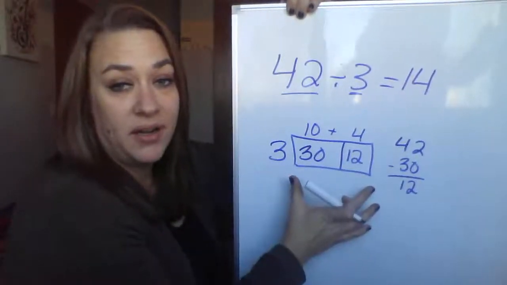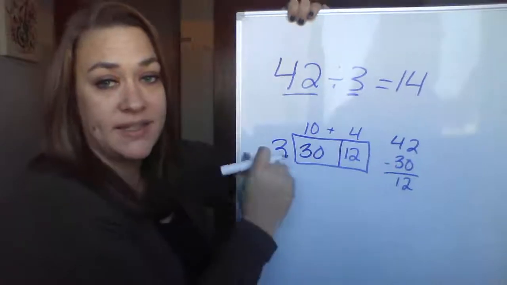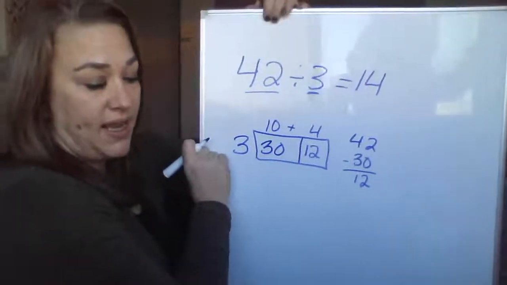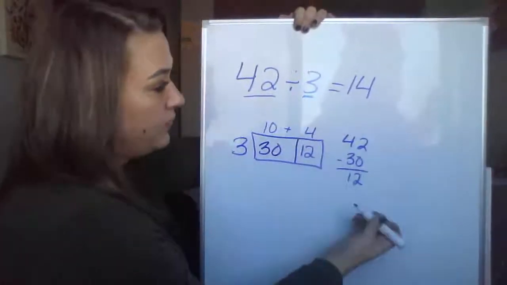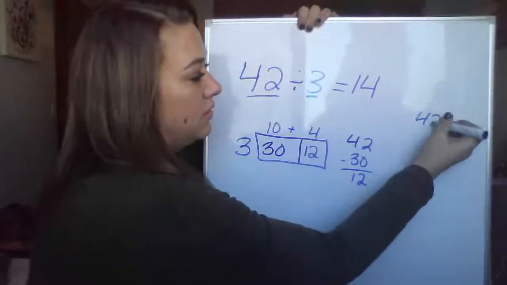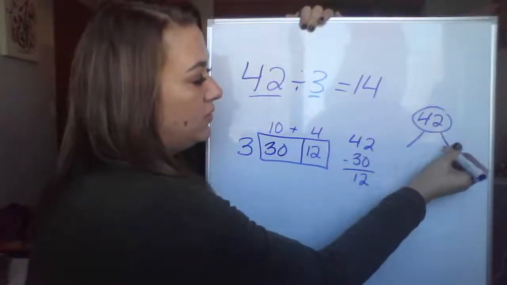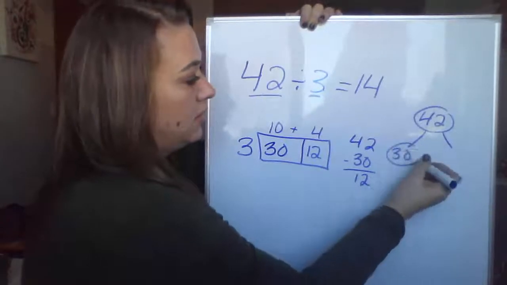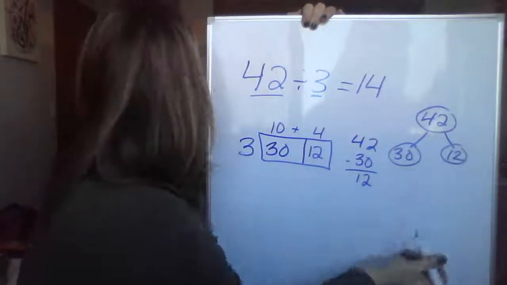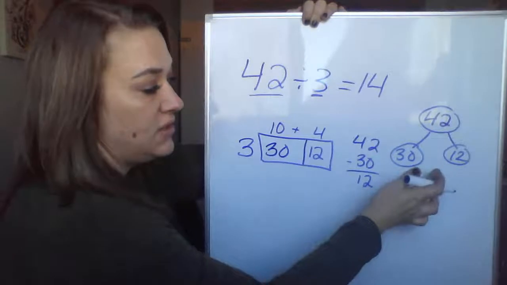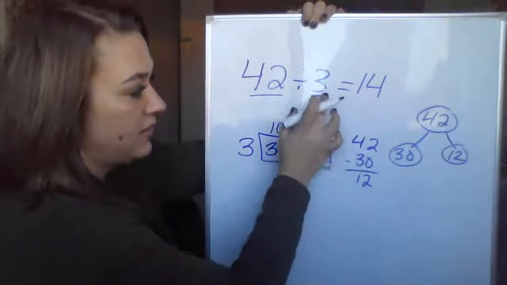So our area model, and then we can show that as a number bond. We can say, well, 42, we broke into 30 and 12, and we divided each of those by 3.